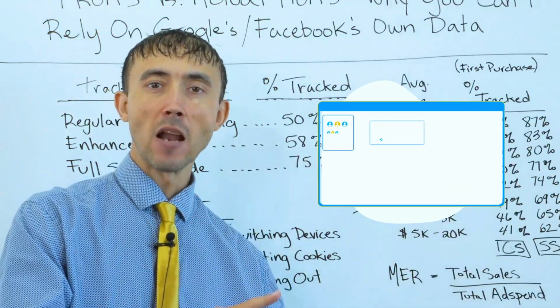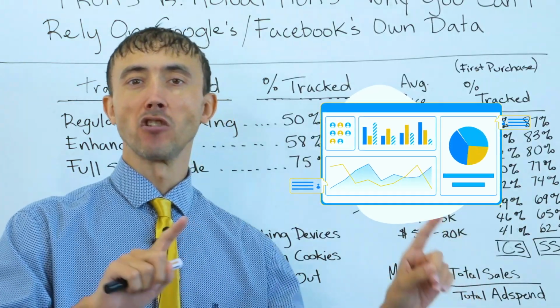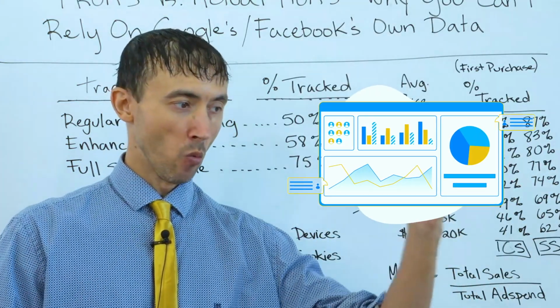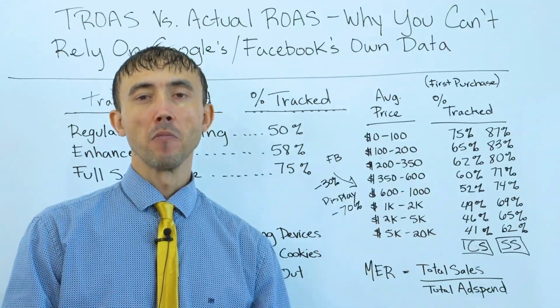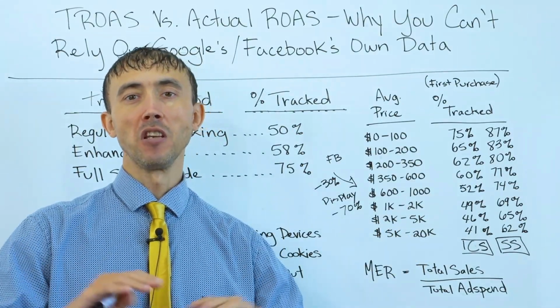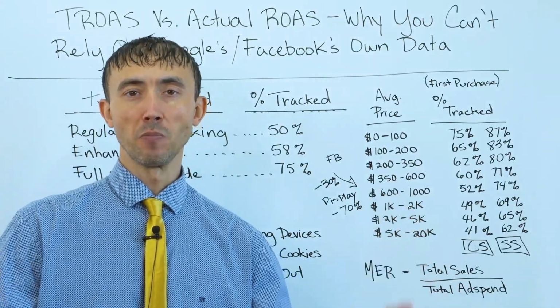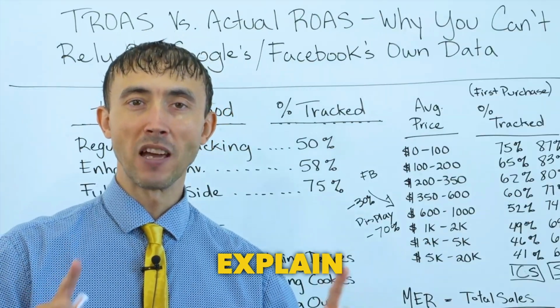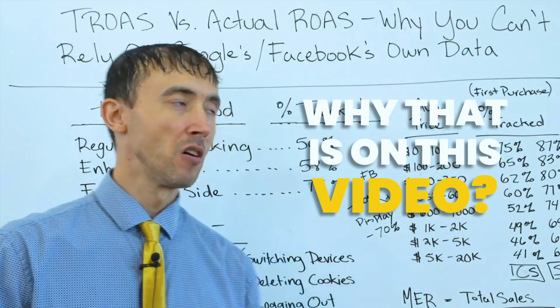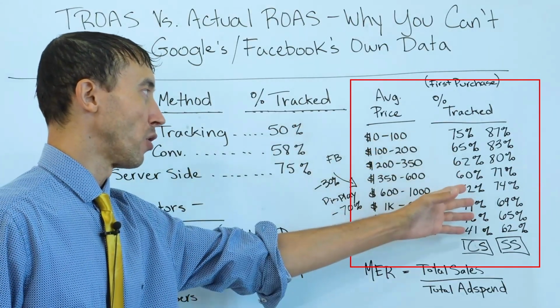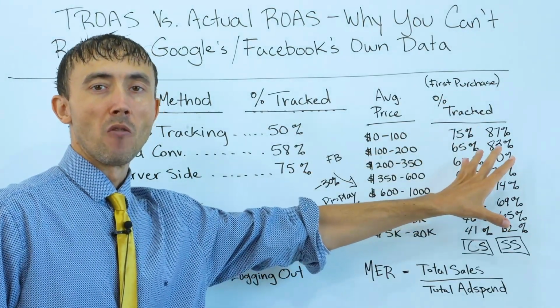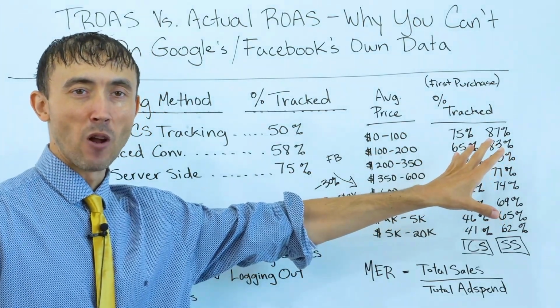The data in your ad platform is there to optimize your ads with, to see whether one ad works better than another, but it is terrible for seeing what your actual ROAS or ROI on your investment on these platforms is. I'm going to explain exactly why in this video by illustrating it through actual numbers from dozens of ad accounts that I have running right now.